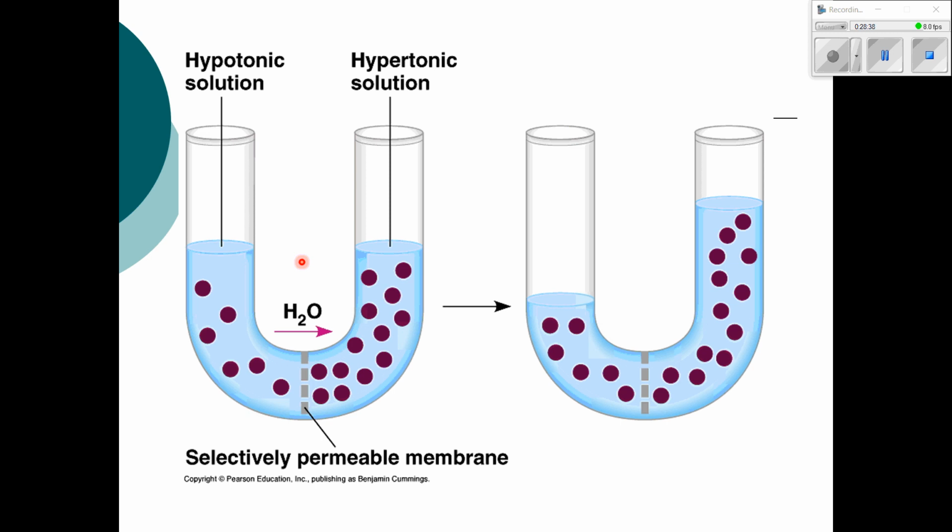And that movement of water will continue to flow from left to right until the concentration of sugar is the same on both sides of the membrane, or until gravity, at some point, starts pulling down on all this water, making it hard for it to keep rising up. And so sometimes gravity will eventually stop the flow, but you can visually see a shift in the water levels. And that's a way to visualize osmosis in progress.